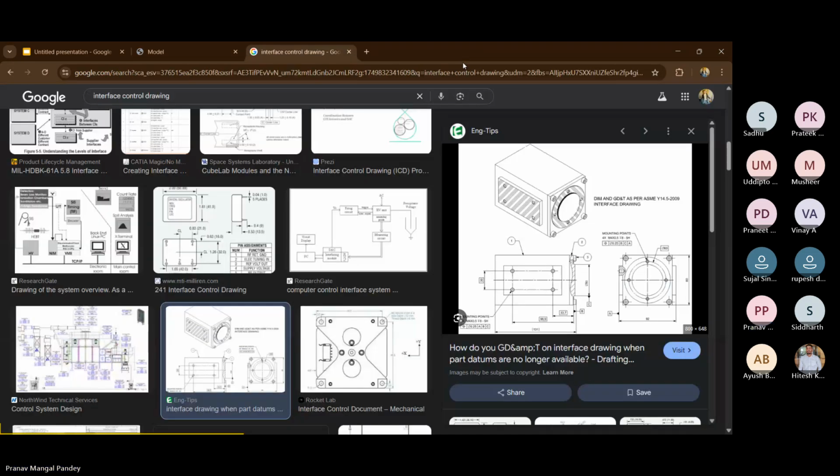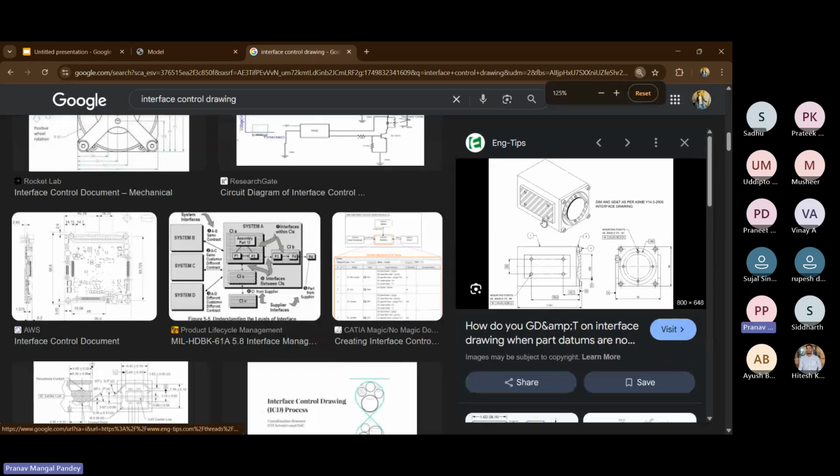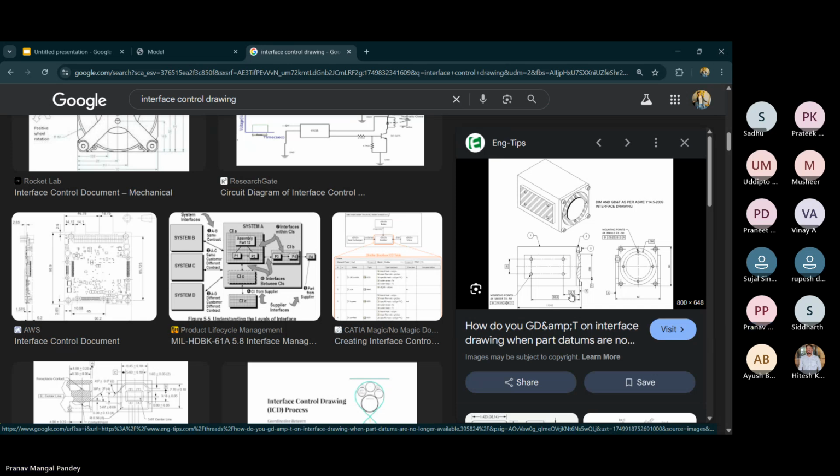Let me show you here only. You can see this block, like a box, right? This is showing the two parts which are getting assembled to it, in the hashes. These two parts are getting assembled, and how they are getting assembled is shown in this drawing. So this is an interface drawing.